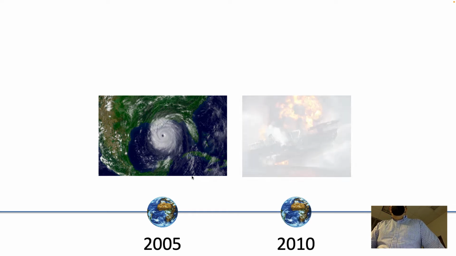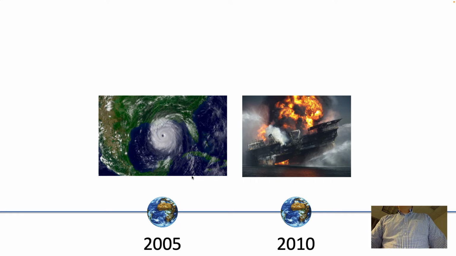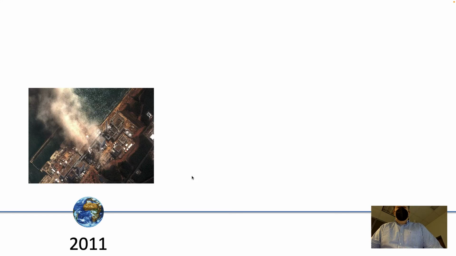And in 2010, what I talked about earlier, on this day, 12 years ago, the Deepwater Horizon oil rig exploded, and the oil well that was a mile under the sea began to spew oil into the Gulf of Mexico at an uncontrolled rate. Into the next decade, we see the Fukushima disaster in 2011, a nuclear disaster there in Japan.